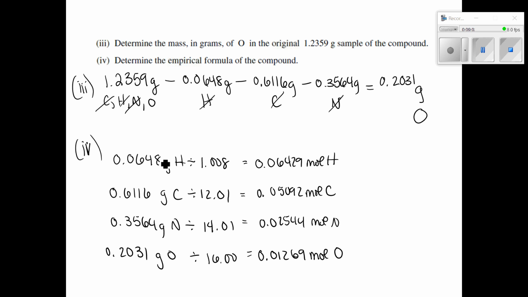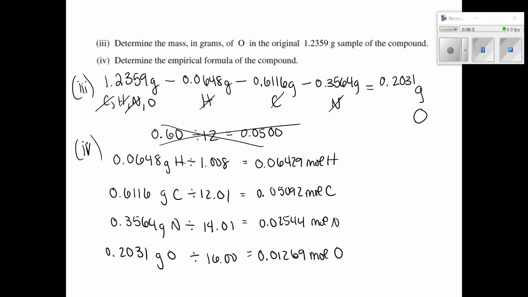Like for example, instead of saying 0.6116 grams of carbon, they might just say 0.6 grams of carbon, divided by 12, and that's going to be a nice round number to work with. But of course, if you've got a calculator at home, use it. You're allowed to use it.